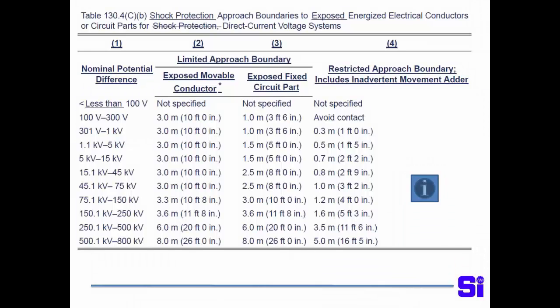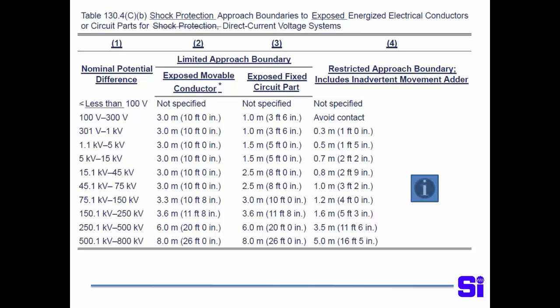Number one, it's in conflict with OSHA, and in the foreword of the 70E, it specifically states that the NFPA 70E meets all OSHA regulations. Well, if we do this, we're not in compliance. So that's a problem. Number two, the NFPA 70E is supposed to correlate with the National Electrical Code. If we do this at 100 volts DC, we no longer correlate with the National Electrical Code.